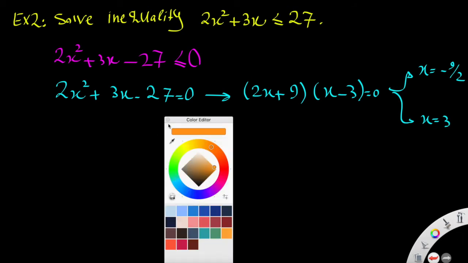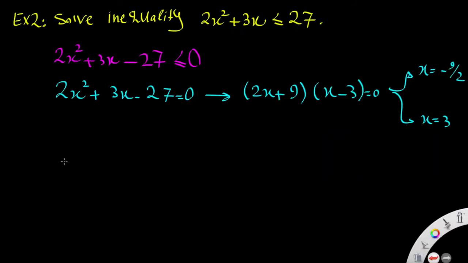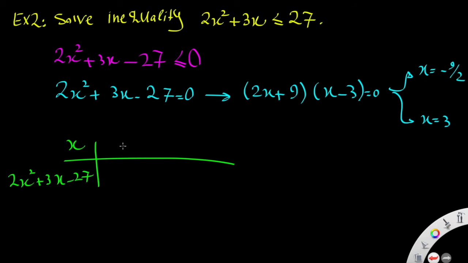Now, next step is to construct a sign table and decide about signs. Now, 2x squared plus 3x minus 27. The smallest root is minus 9 over 2, and the larger one is 3. At these 2 points, it takes the value of 0.